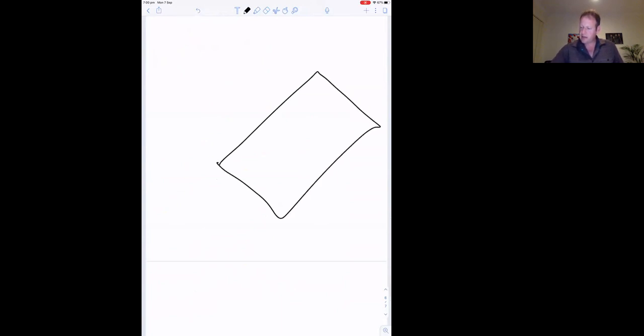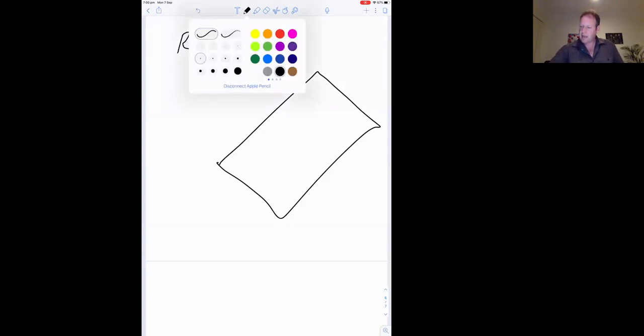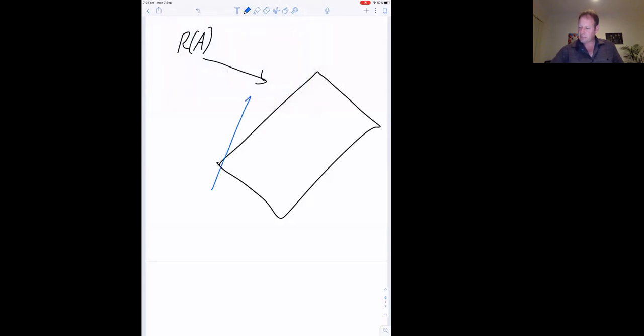We've got here the column space of A, the range of A. I confused it with row space, it's the column space of A. That's what's spanned by A. And we've got here the vector B. We can't find a linear combination of the columns, since B is not in the column space of A.